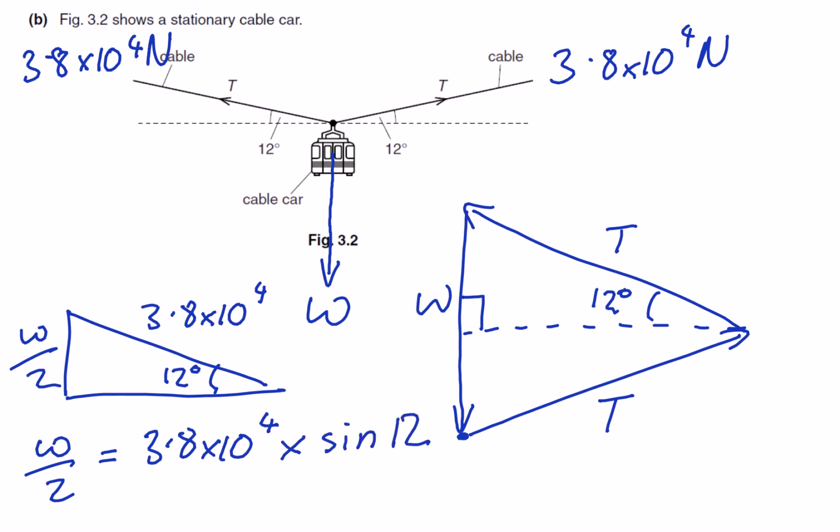And if I put those into the calculator, what will come out is that half of it is going to equal 0.8 times 10 to the 4 newtons. So when I double that, my weight will equal 1.6 times 10 to the 4 newtons.